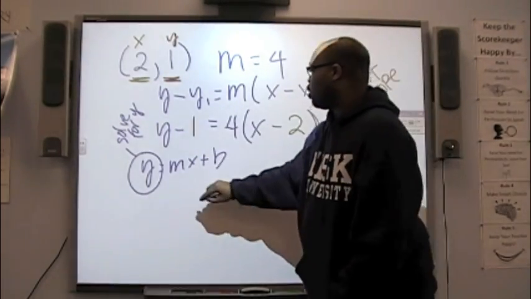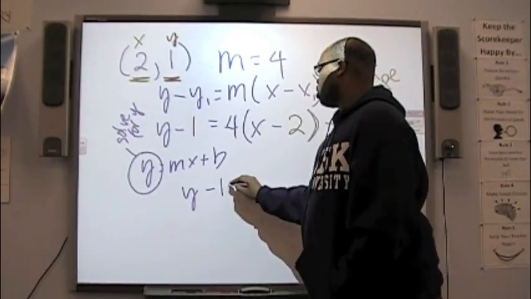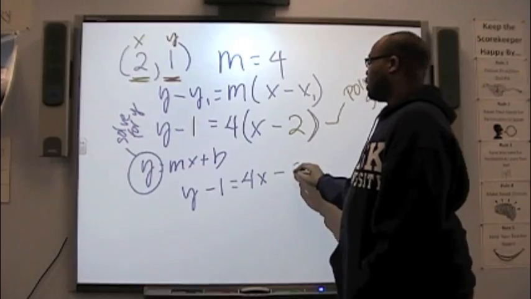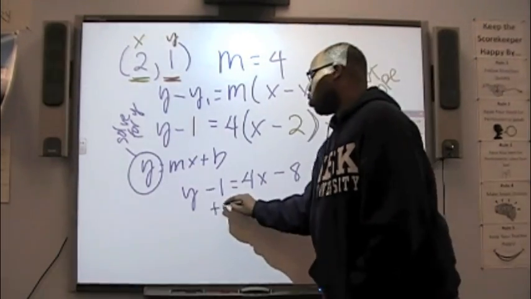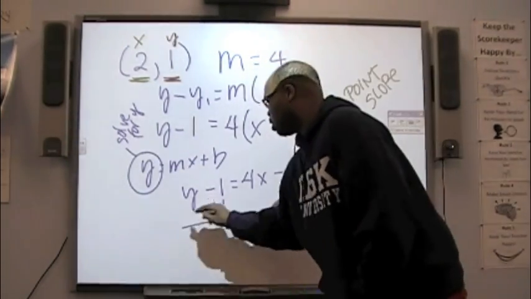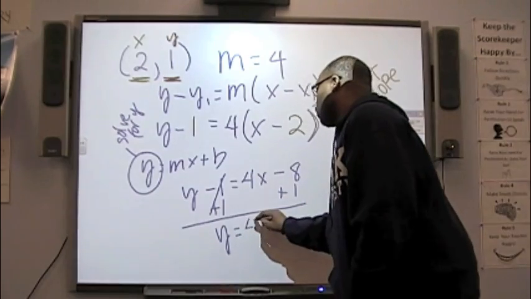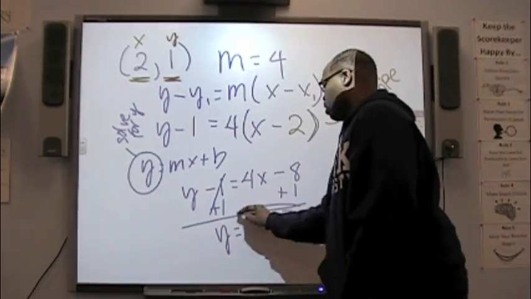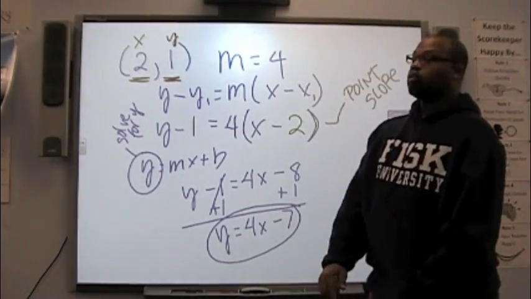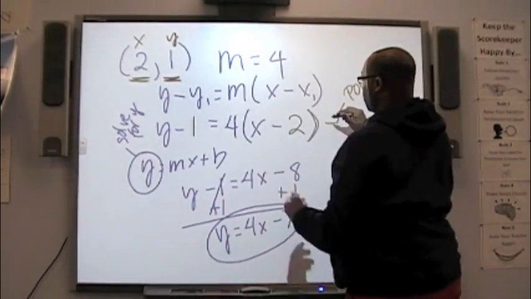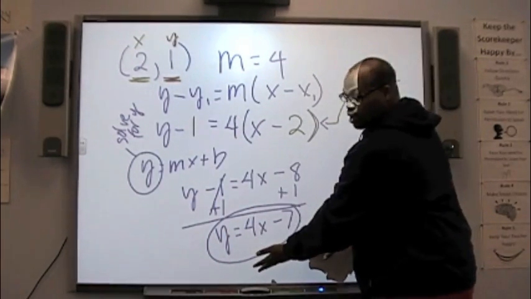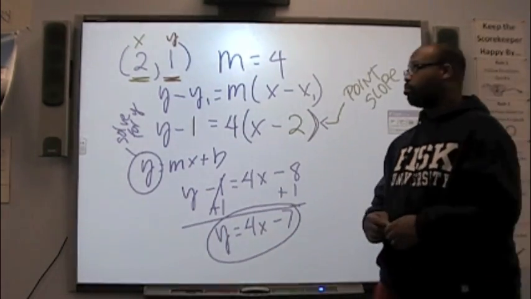To solve for y here, I'm going to distribute the 4, getting 4x minus 8, and then add 1 to both sides. And we're going to have y equals 4x minus 7. So I've written it in 2 forms: point-slope form here, slope-intercept form here. And I'm all done.